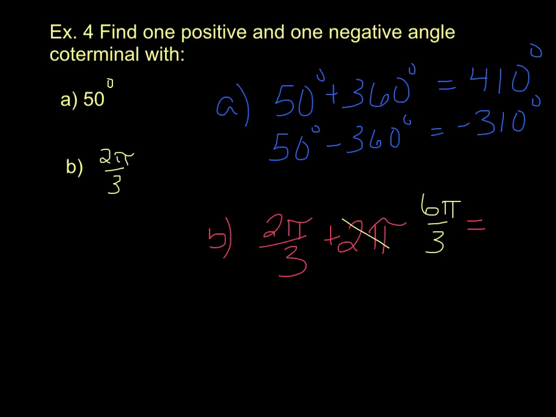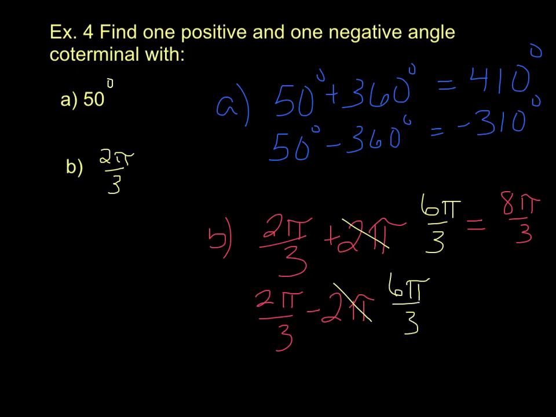And now when I add those together, I have 8 pi over 3 radians as my angle. Likewise, I want a negative, so I'm going to subtract 2 pi. But again, I need to think of 2 pi as 6 pi over 3. So when I subtract, I get negative 4 pi divided by 3 radians.